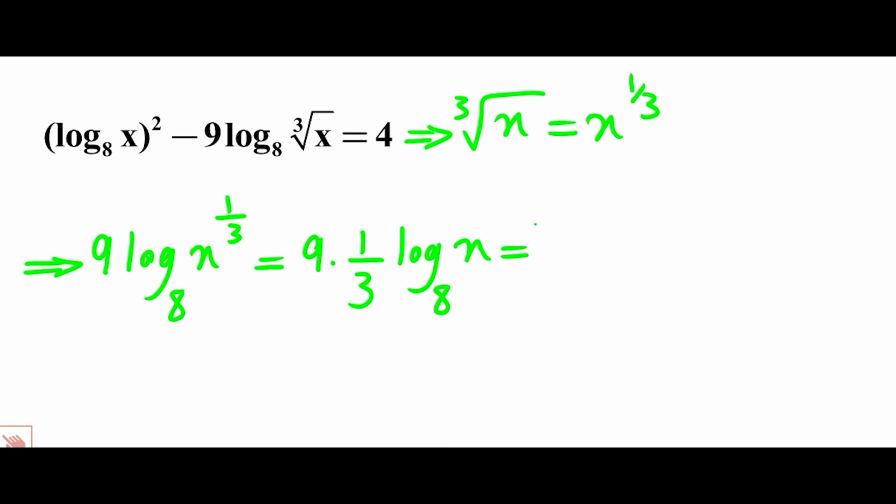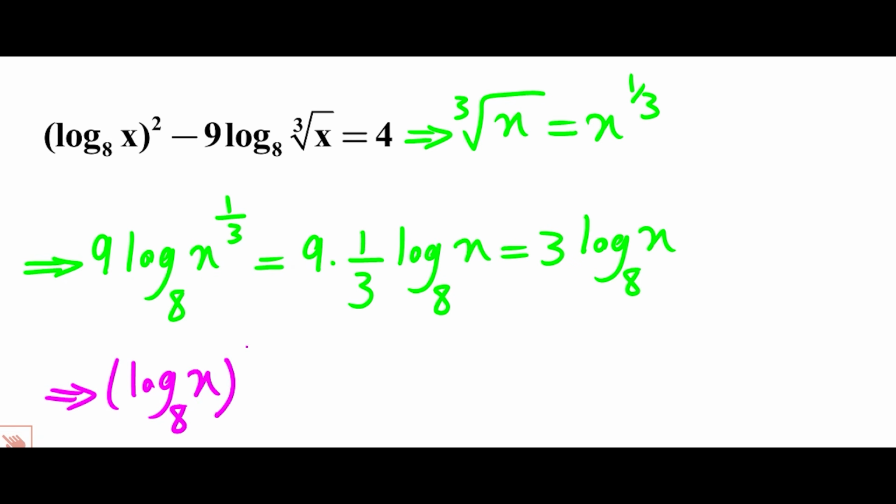So we have 9 times 1/3 is 3 log base 8 of x. So the equation becomes (log base 8 of x) squared minus 3 log base 8 of x minus 4 equals 0.